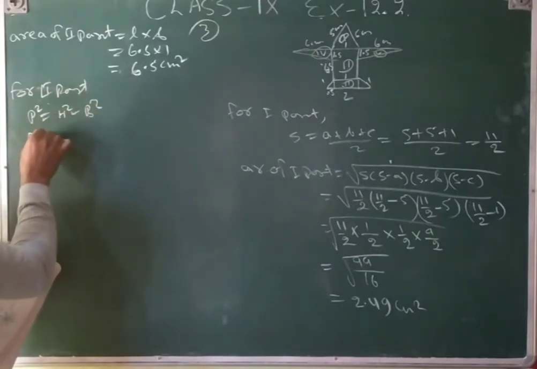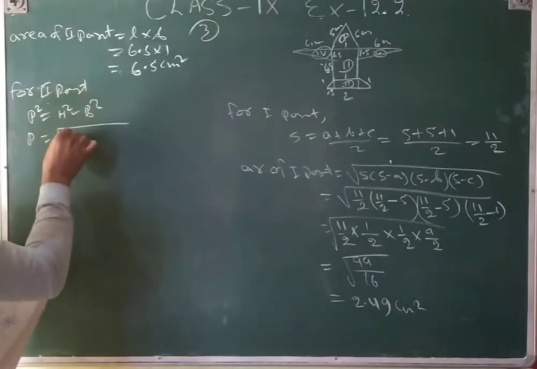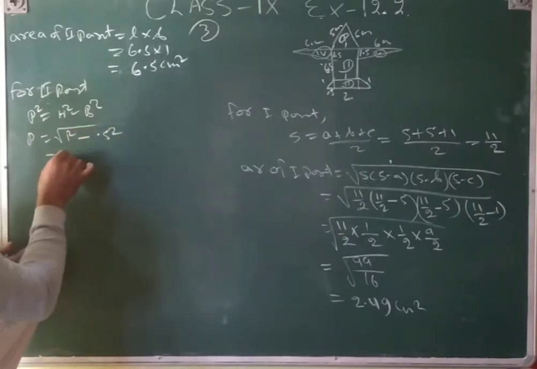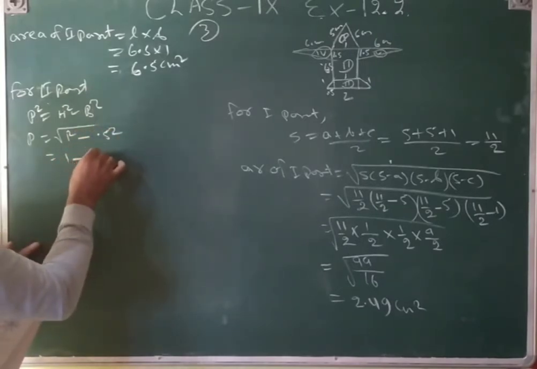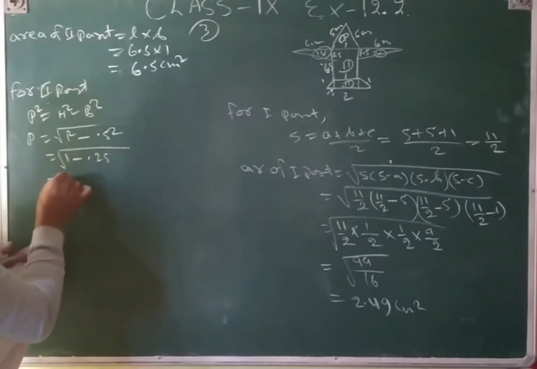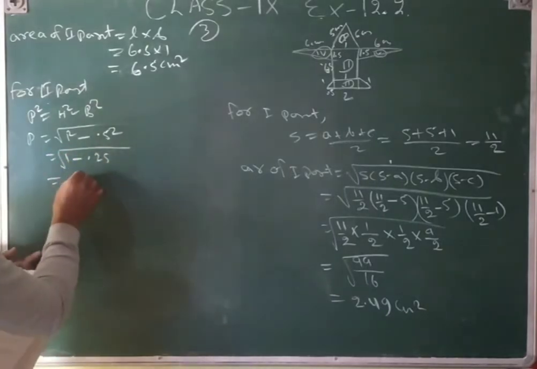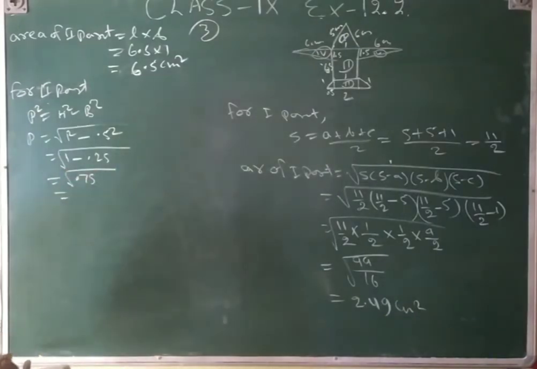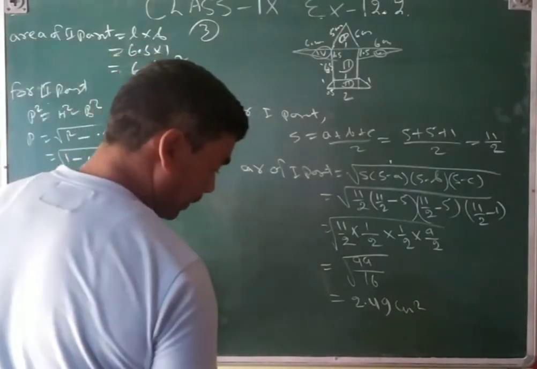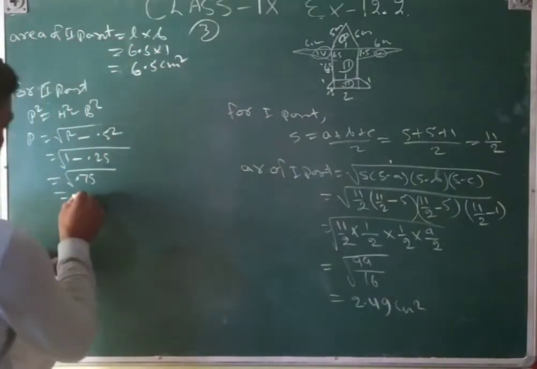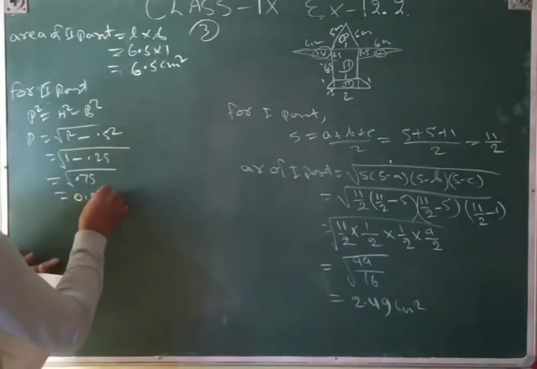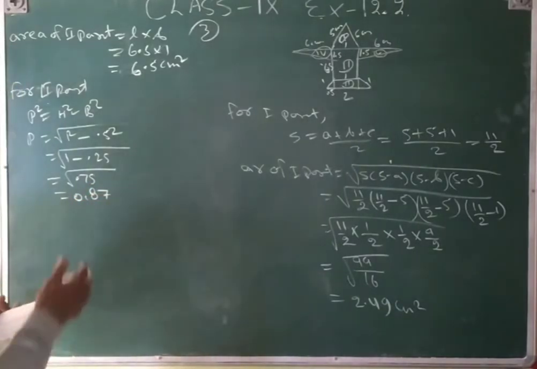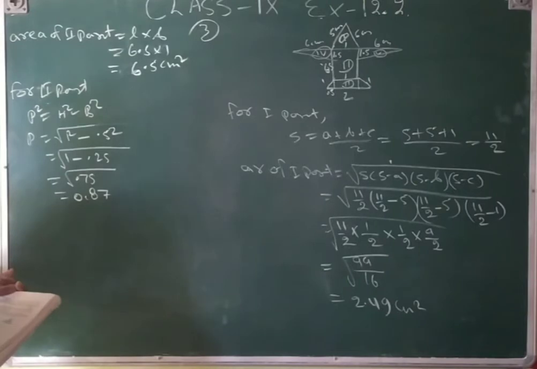So p is equal to the square root of 1 square minus 0.5 square, so 1 minus 0.25, that is 0.75, under root. So the square root of 0.75 will be 0.87.